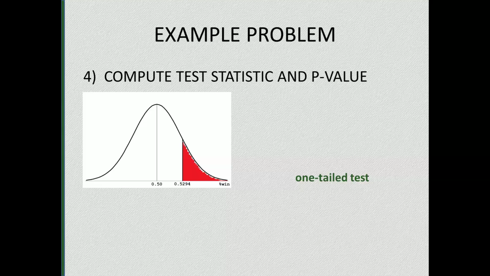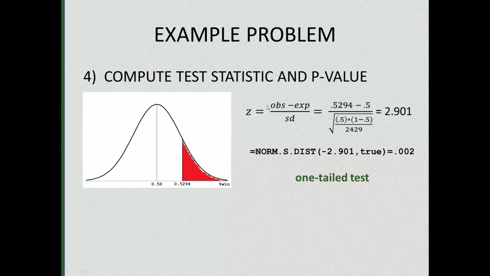We still compute the test statistic and p-value essentially the same way. Observed minus expected over standard deviation, observed at 53% minus expected p, over the square root of p times 1 minus p over n. There were 2,429 games. And what we observed is 2.9 standard deviations above the middle.